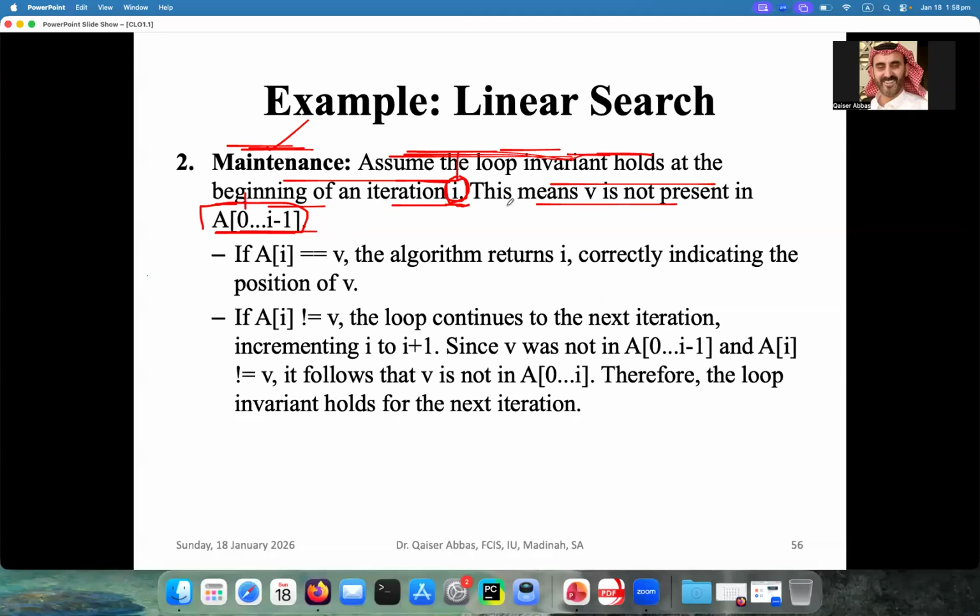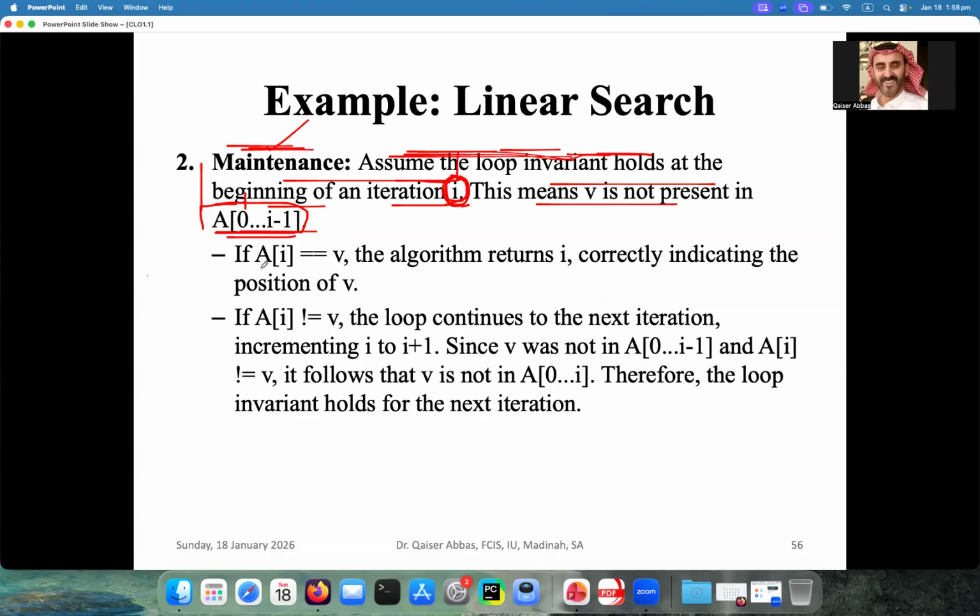So now, after this assumption, when iteration I is going to execute, one thing is sure: in the subarray, element V was not found.